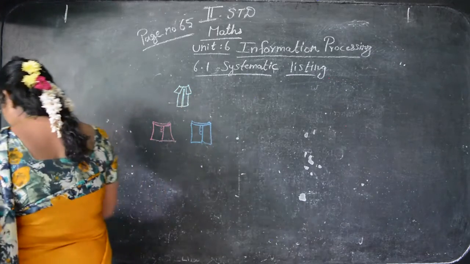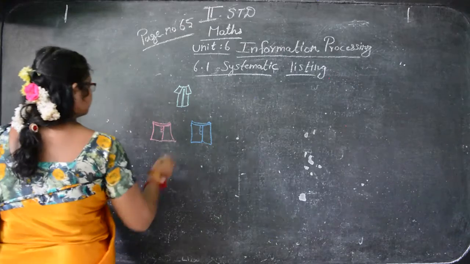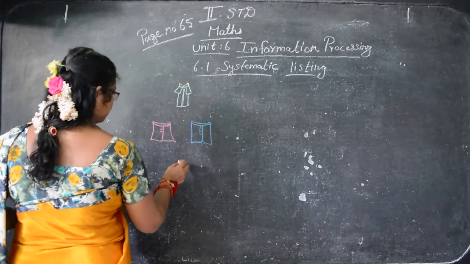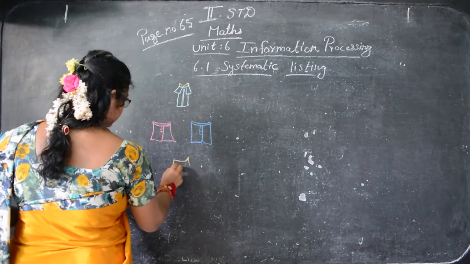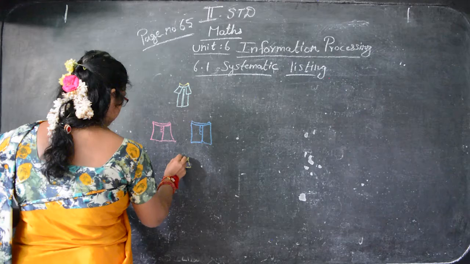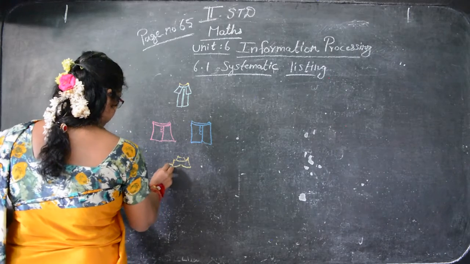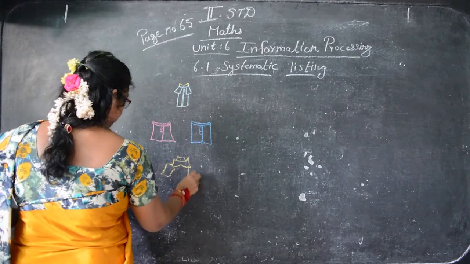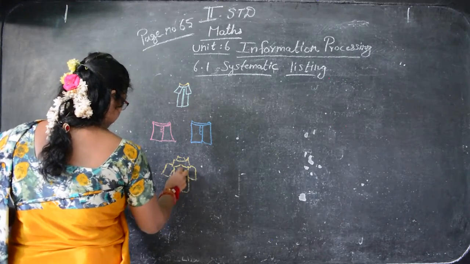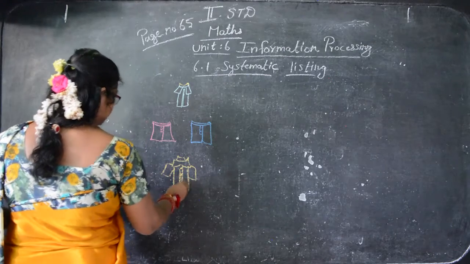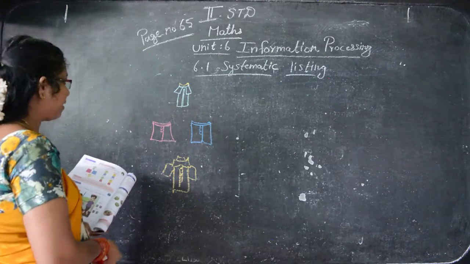Another one is a yellow color shirt. See here, how many ways can you pair them?